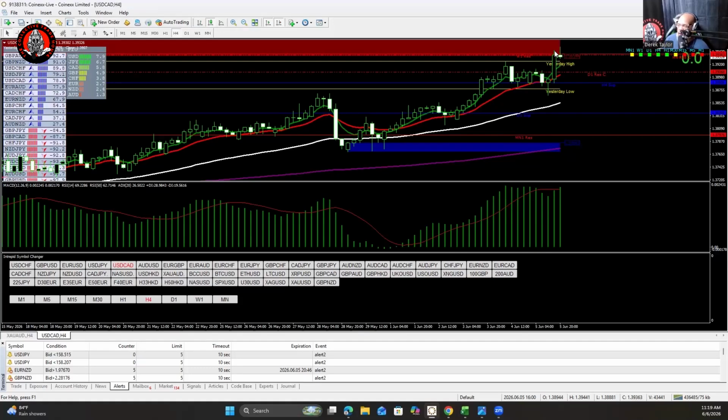Here, this is a significant level of structure. Well, Derek, why? Because this is an area of price rejection. Price came here and pulled back. So I want to take this horizontal line and put it here.